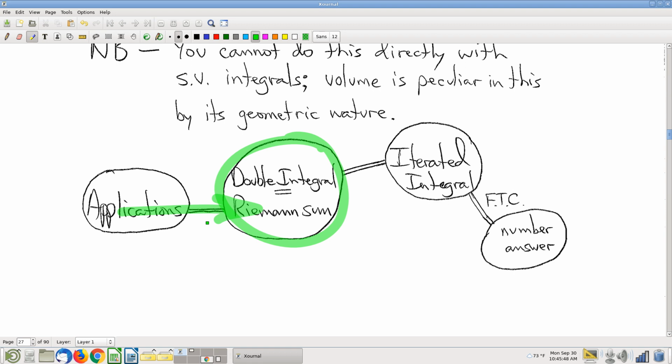Got to have it. You can't bypass it. But we also need iterated integrals because our fundamental theorem of calculus only works for single variable integrals, and iterated integrals are simply made out of single variable integrals. So that's nice. We need the iterated integrals for calculations, but we need double integrals for applications, if you want your calculations to mean anything. So the fact that these are connected is huge. That's the bridge that makes it possible to get there from here.